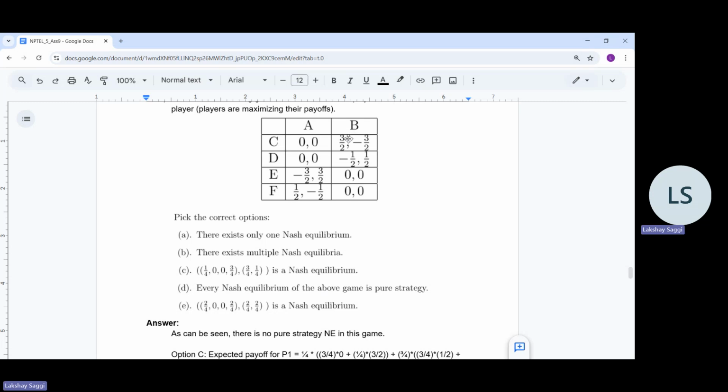From that, you get F equals 3C. And from that, you obtain that F becomes 3/4 and C becomes 1/4. So that's how we obtain this.